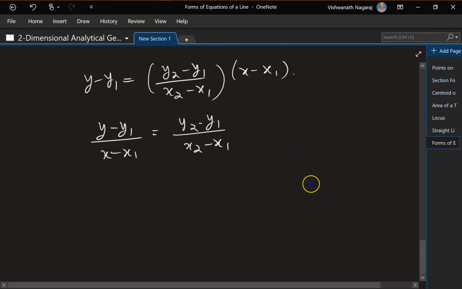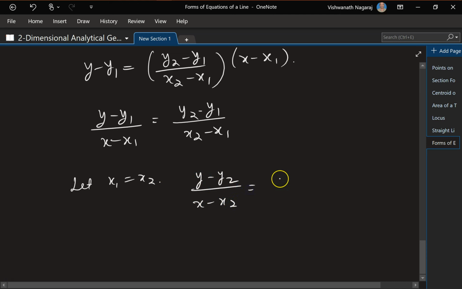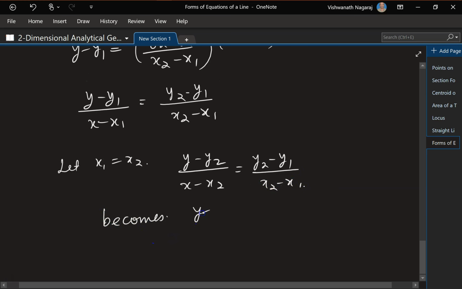Now look at the possibilities, and just try to play with this. Now if we say x1 is equal to x2, then what will happen? y minus y2 by x minus x2 is equal to y2 minus y1 by x2 minus x1, which becomes y minus y2 by x minus x2 equal to y2 minus y1 by 0.